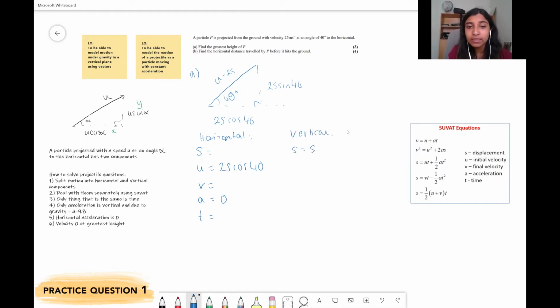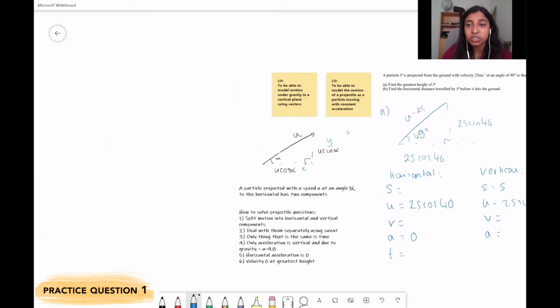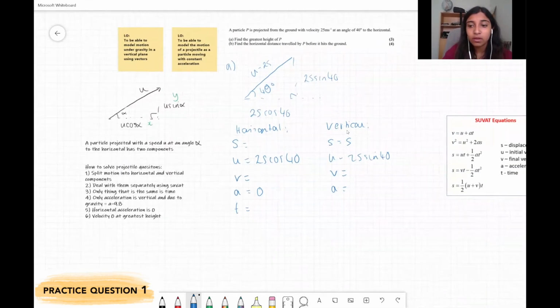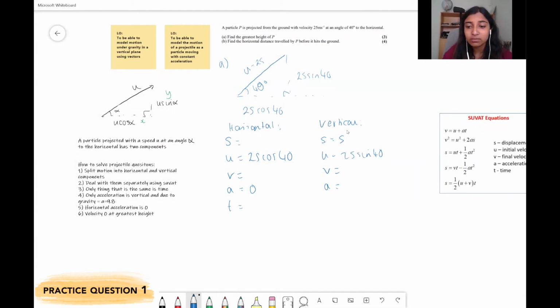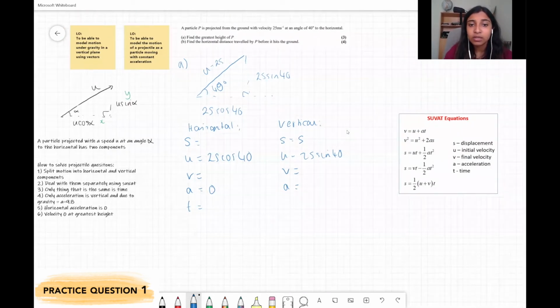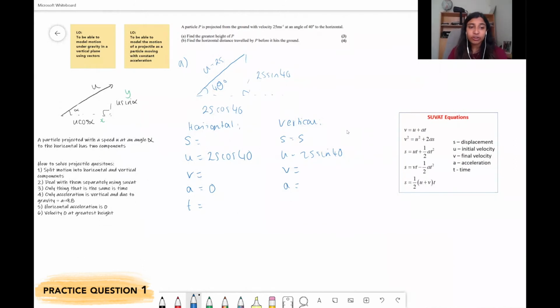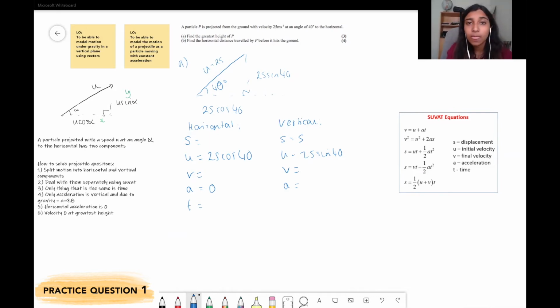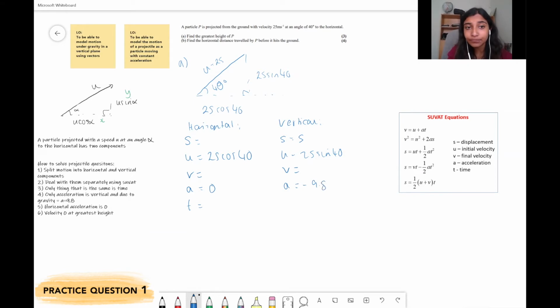Now if we go on to our vertical components, we want to find s, so we label s because we want to find the greatest height. u is going to be 25 sin 40. We don't know our v. Acceleration, just due to gravity, is going to be equal to minus 9.8.